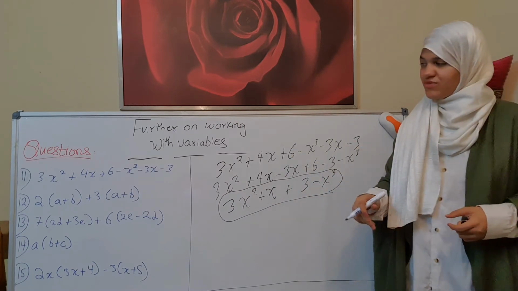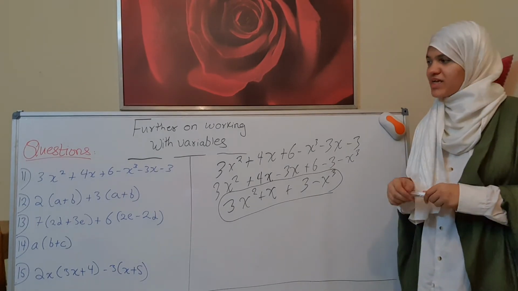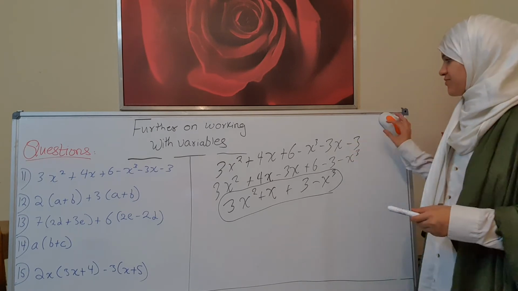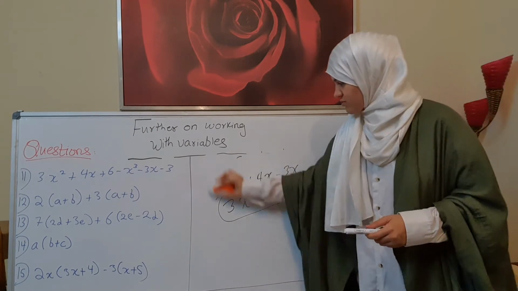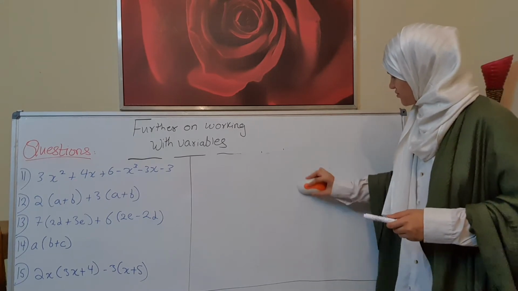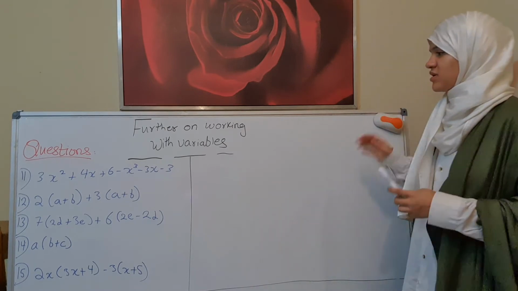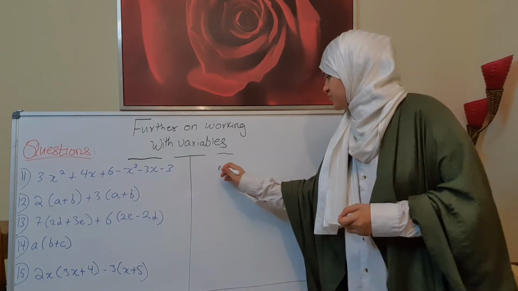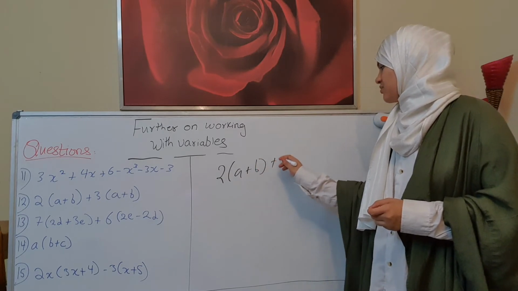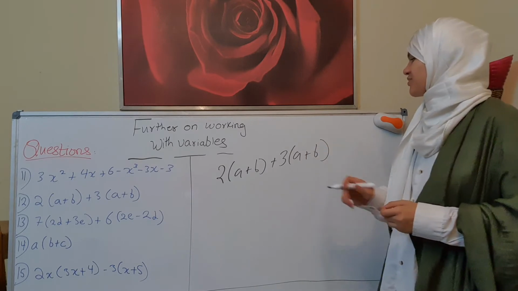Now, question number 12, which says 2 times a plus b plus 3 times a plus b.